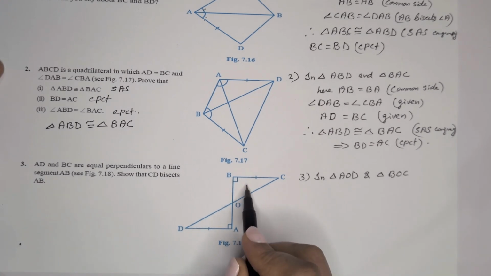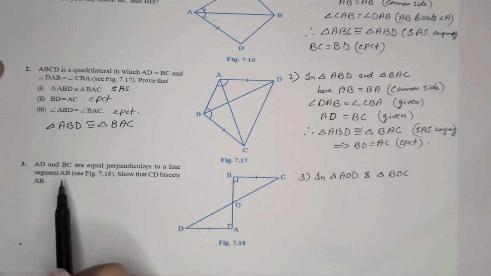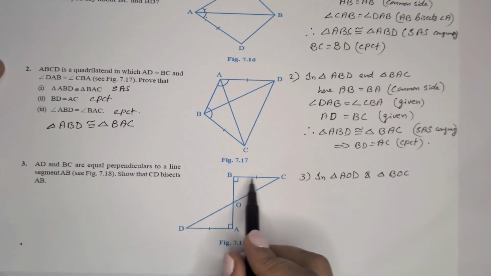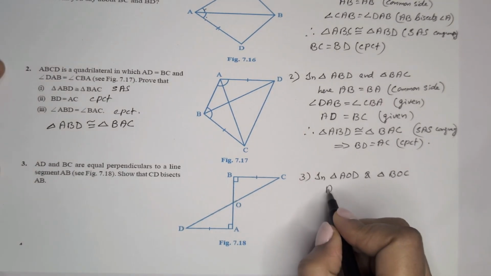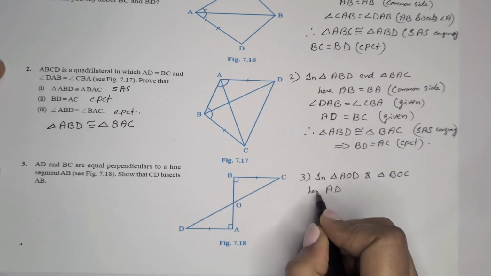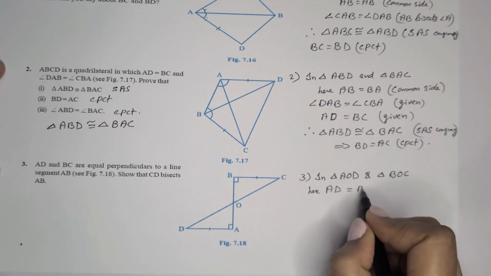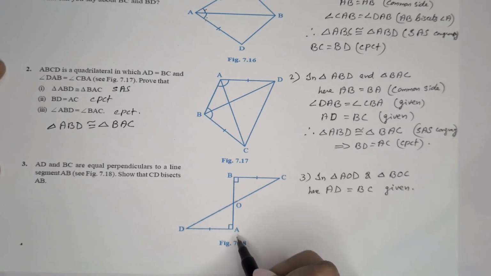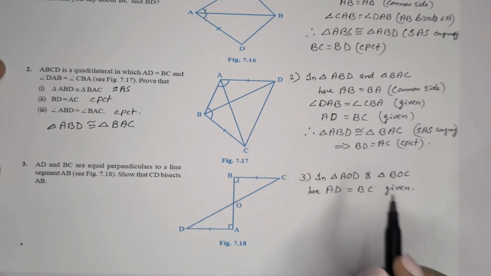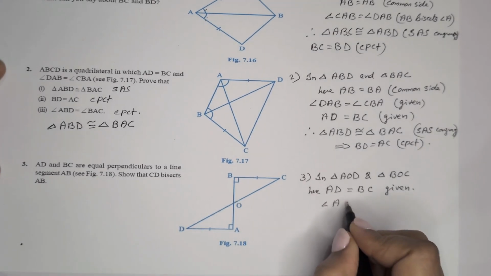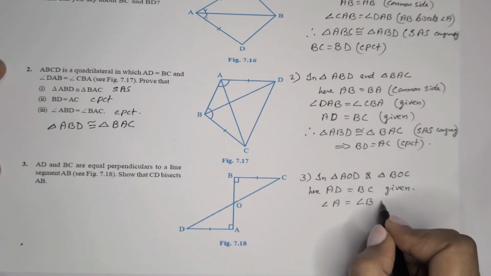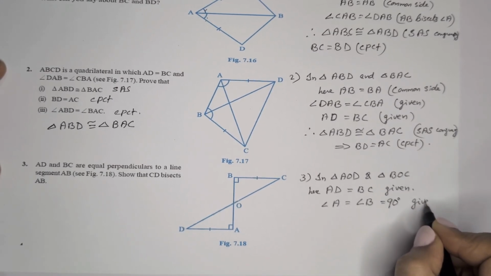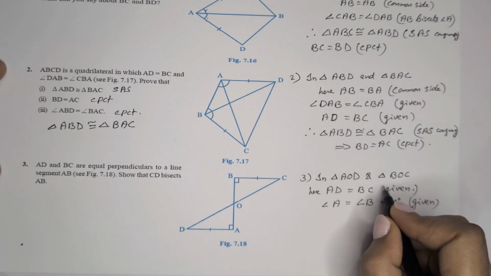In these two triangles, AD is equal to BC, that is given. Also, angle A is equal to angle B, which is equal to 90 degrees. That is also given in the question.